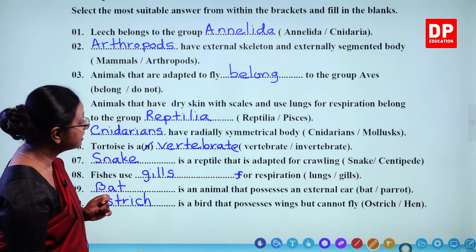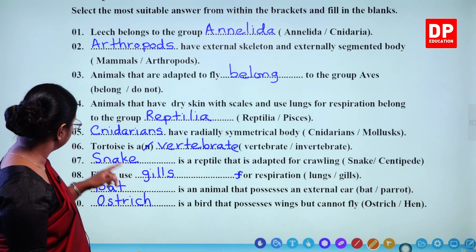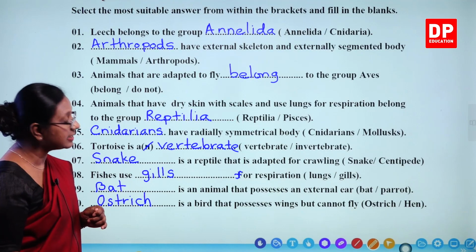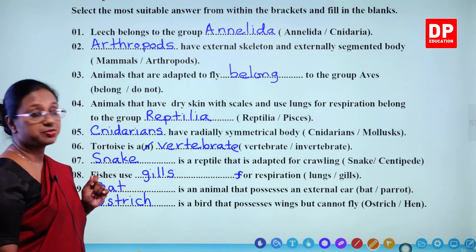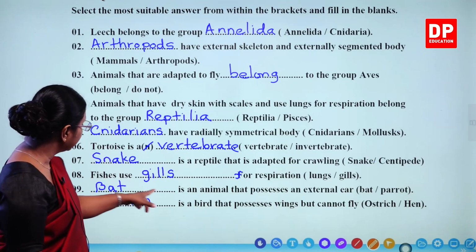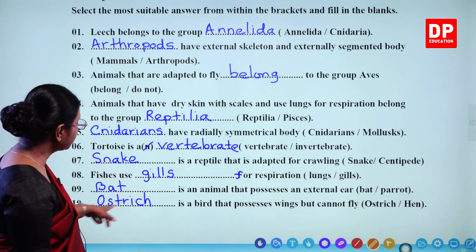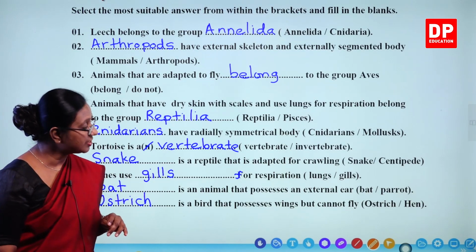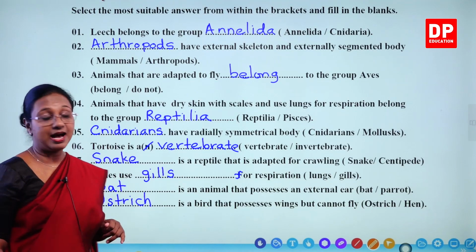Cnidarians have radially symmetrical body. Tortoise is a vertebrate. Snake is a reptile that is adapted for crawling. Fishes use gills for respiration. Bat is an animal that possesses an external ear. Ostrich is a bird that possesses wings but cannot fly. So that is how you complete these answers.